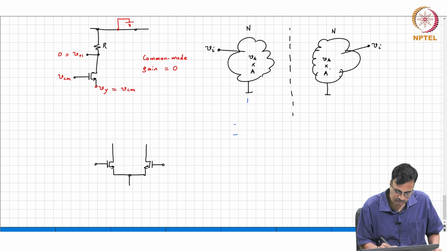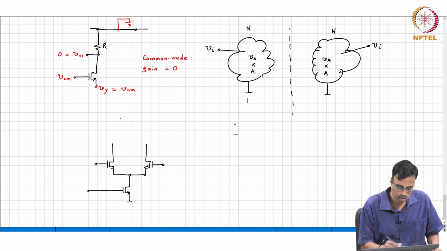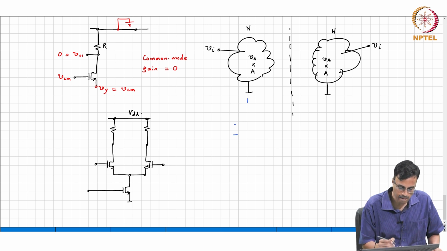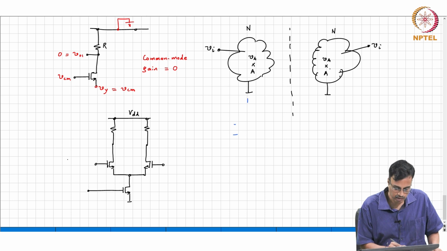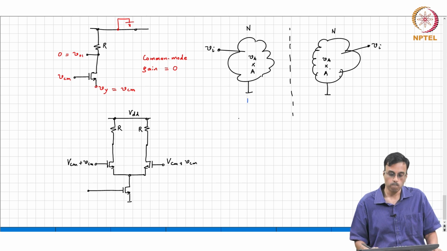Okay. So, in practice, this is going to be some current source. So, this is capital VCM plus small VCM, capital VCM plus small VCM, and this is R, correct.